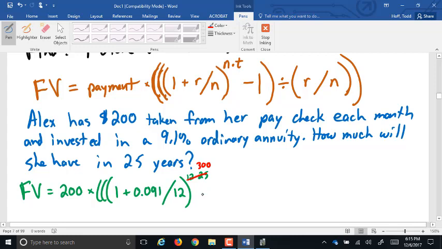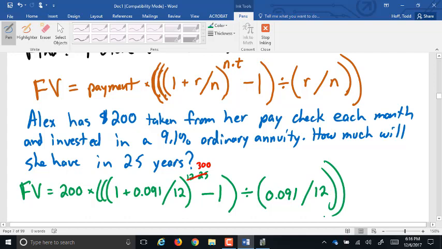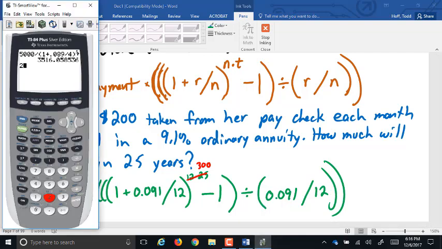There we go. Minus 1. We close our parentheses. Divided by, open our parentheses. What goes in next? 0.091 divided by 12, close and close. See how simple that was? It's just a matter of entering it in.